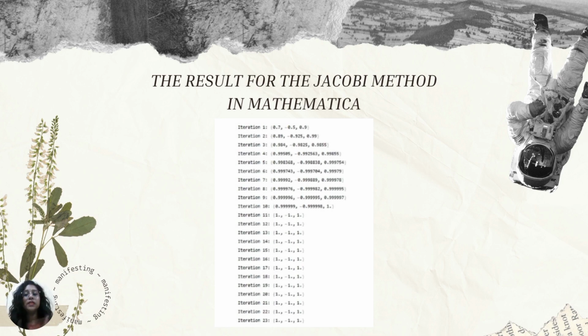So basically the result from the Jacobi method done manually and in Mathematica is slightly different, where the manual iteration stops at the 8th and in Mathematica it stops at the 11th. This is because of the difference in implementation details and numerical computation, they may converge at a slightly different iteration, but still the answer is the same.